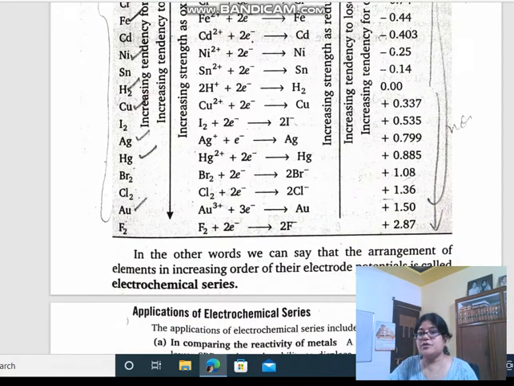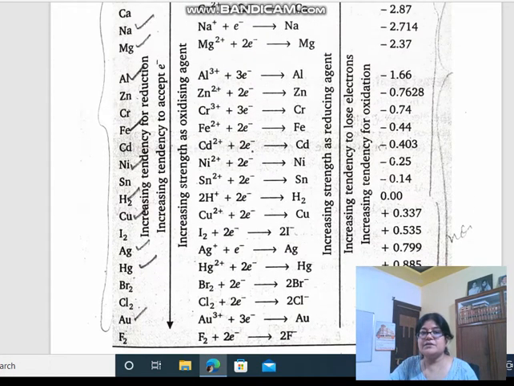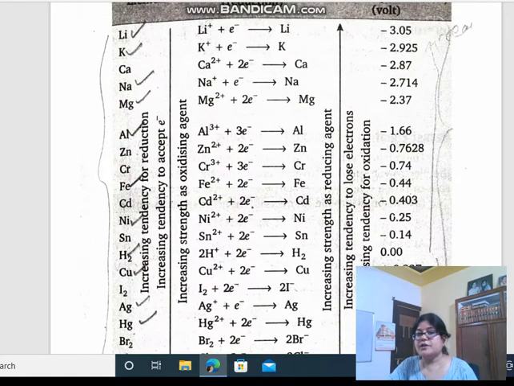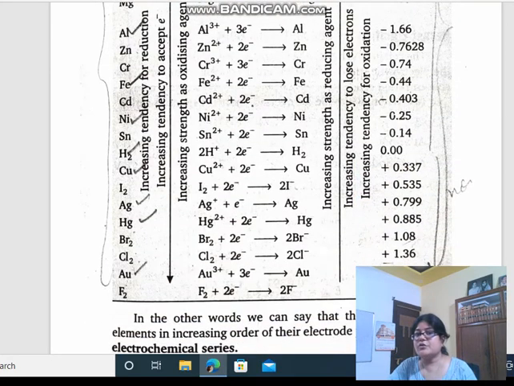Then you can see here it is 0, that is the case of hydrogen. So you have to remember this series if possible: lithium, potassium, calcium. Lithium and potassium are first group, then calcium, then sodium again first group, then magnesium, second group. So you can arrange them according to the groups of the periodic table, and the third group, aluminum.